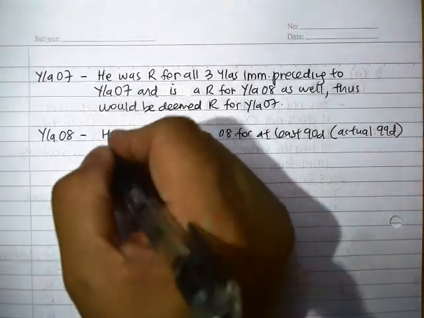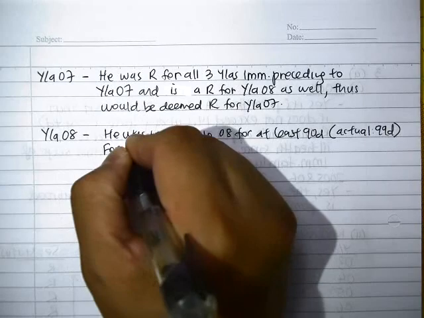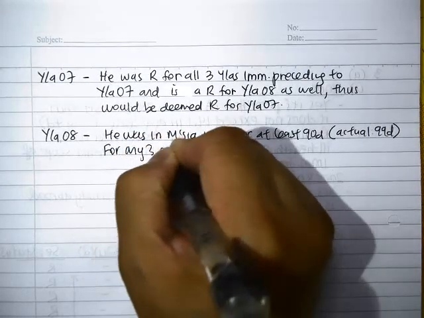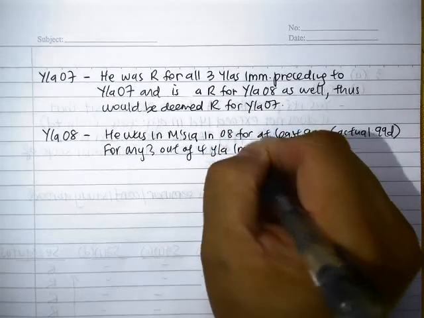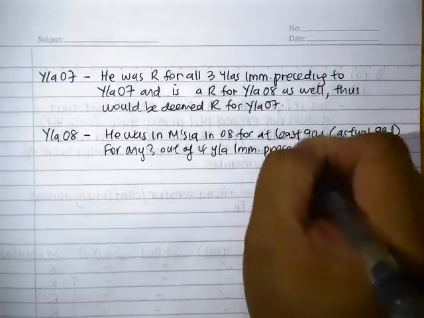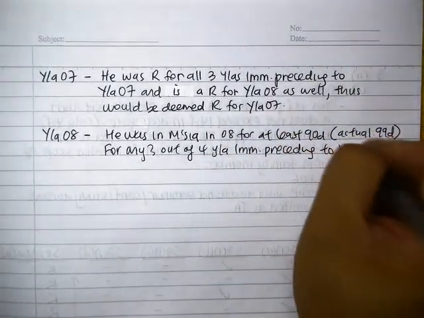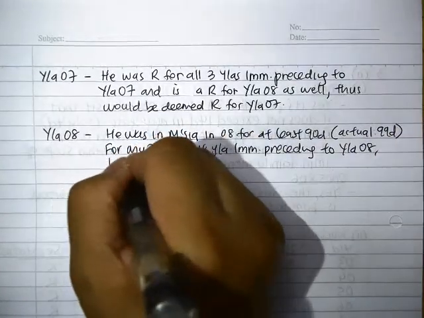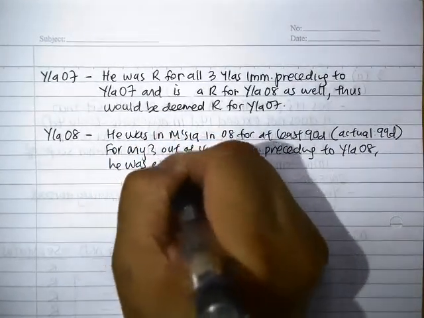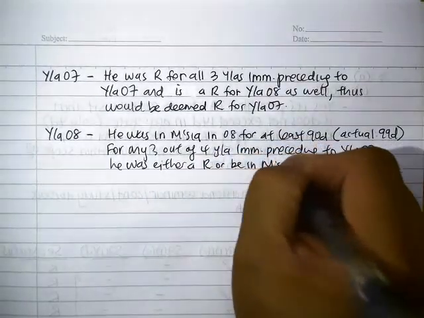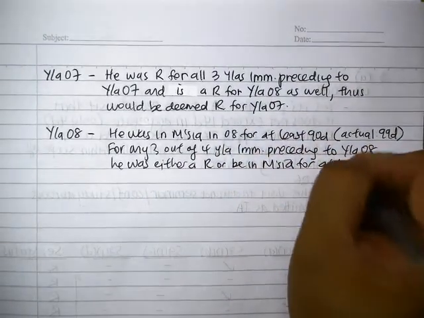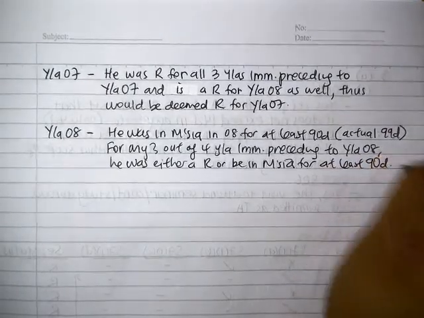Okay, and then for any 3 out of 4 years of assessment immediately preceding YA08, he was either a resident or in Malaysia for at least 90 days.